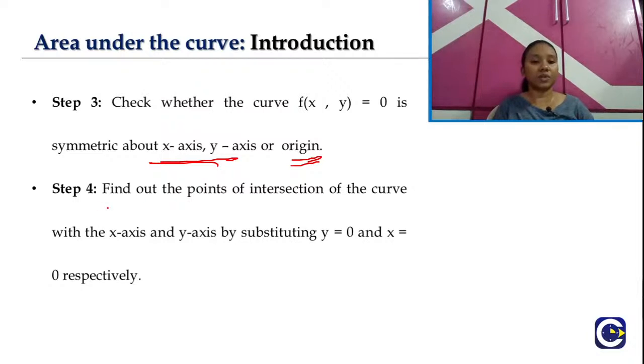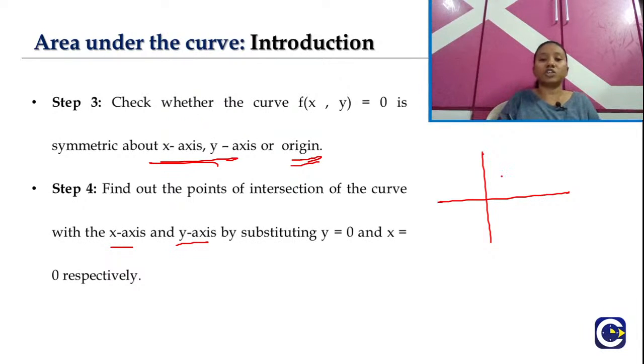And the next will be to find the points of intersection of the curve with the x-axis and y-axis. So how will we get the points of intersection? Suppose this is my coordinate axis, and suppose I have this line.